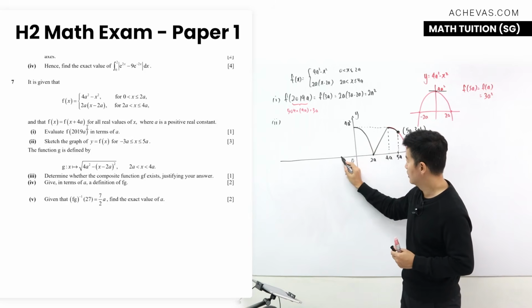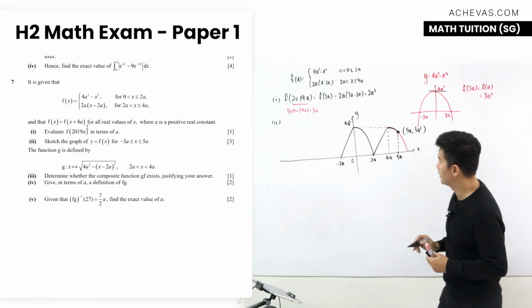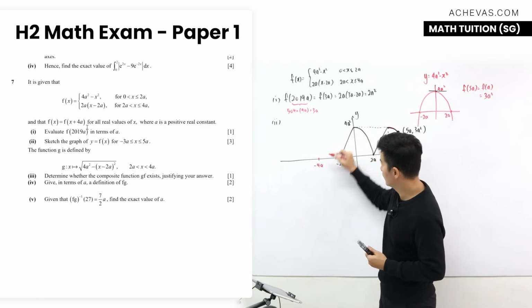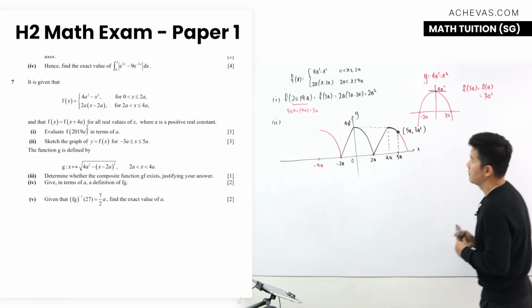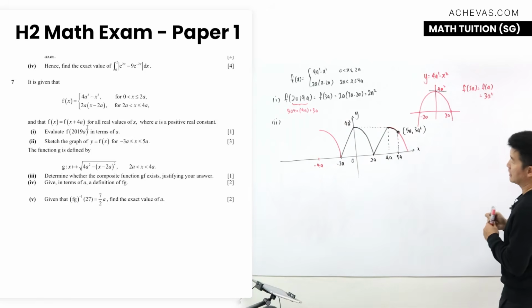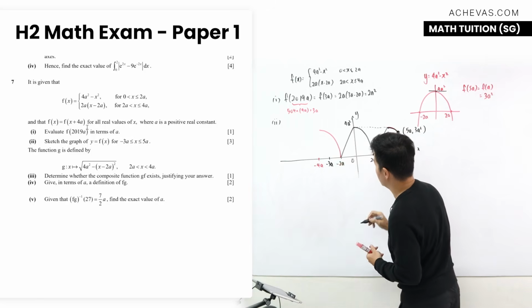So from here, all the way until minus 2a, it will be a straight line down. And then from here all the way until minus 4a, it is going to be a curve back up again, something that is like this. Okay, and we know that when it is at 3a, it is somewhere here, minus 3a.